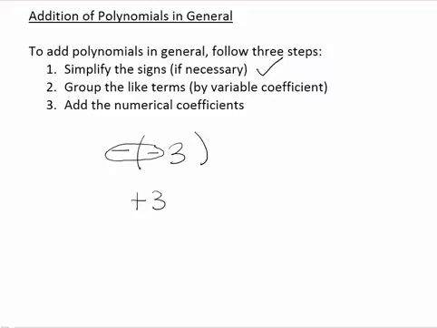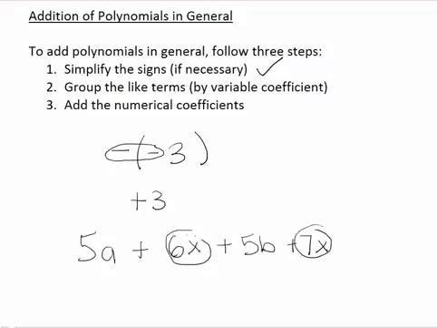The next step is to group like terms, and you're using the variable coefficient. For example, if we have 5a plus 6x plus 5b plus 7x, we know that the two x terms are like, so we're going to group them together.